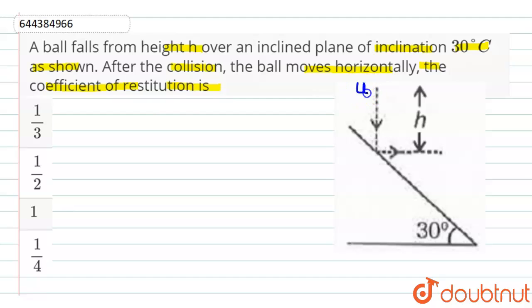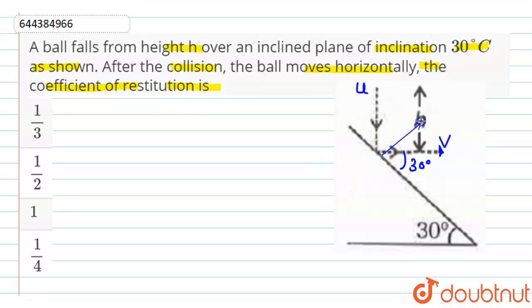Let u be the initial velocity and v be the final velocity of the ball. Here the angle of inclination is 30 degree. Therefore, this angle is also equal to 30 degree. Now, this velocity v will be resolved into two components.